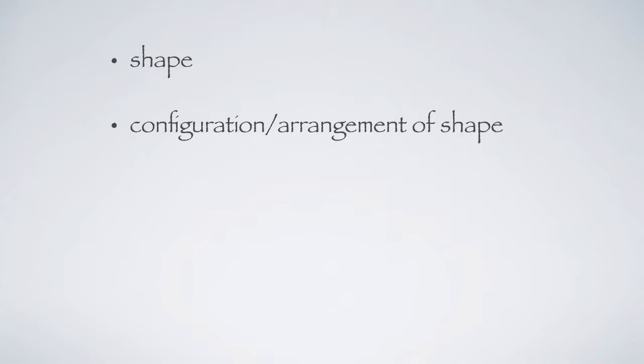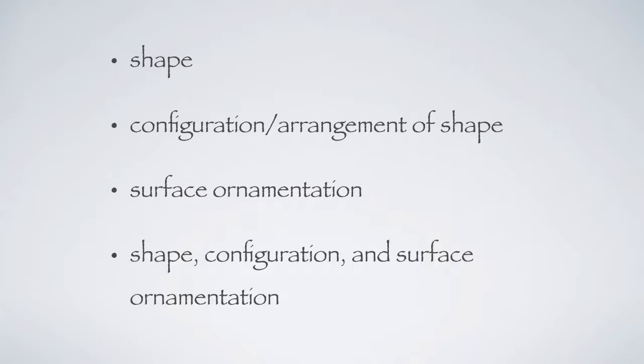Is it at the bottom of the phone, at the top of the phone, on the side of the phone, on the back of the phone? Surface ornamentation, any types of designs on the front of something or on the side of something that someone can feel or someone can see, even if it's only two-dimensional. Shape, configuration, and surface ornamentation.